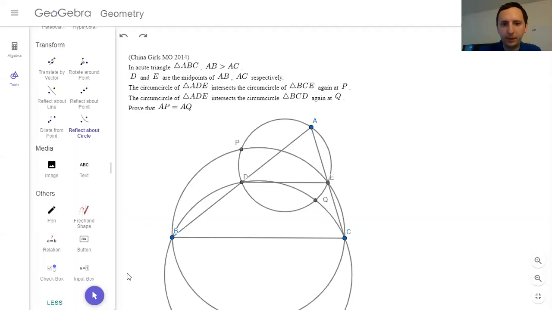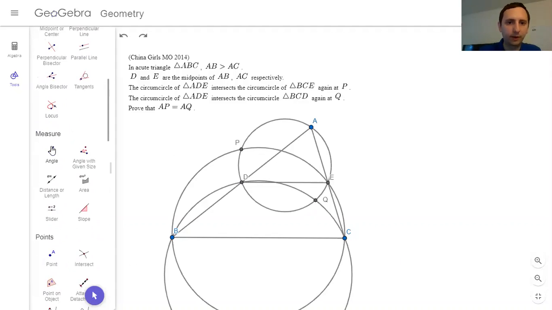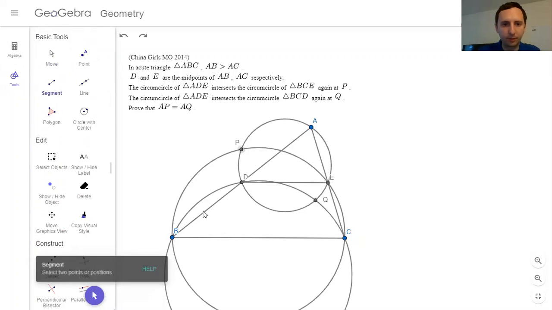So we want to show PBC is QCB. Let me check that. But I think that might be a more efficient way. Yeah, so those are both 52.1 degrees. I'm going to draw in those segments.